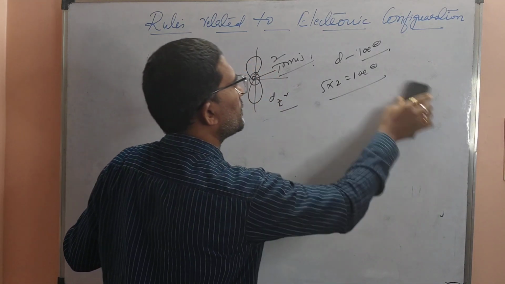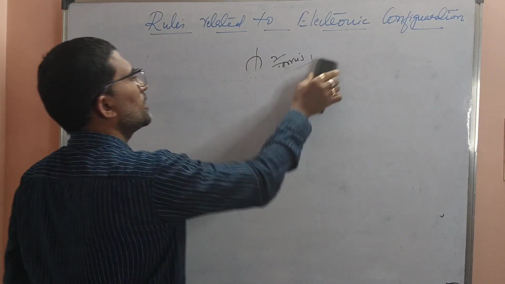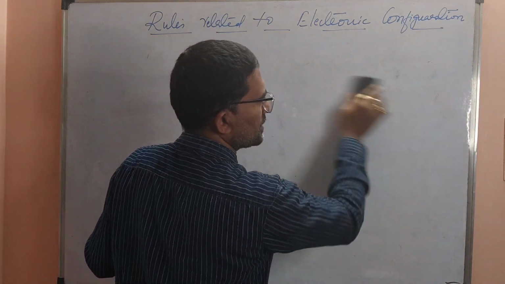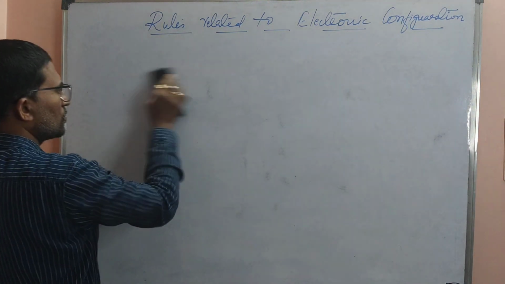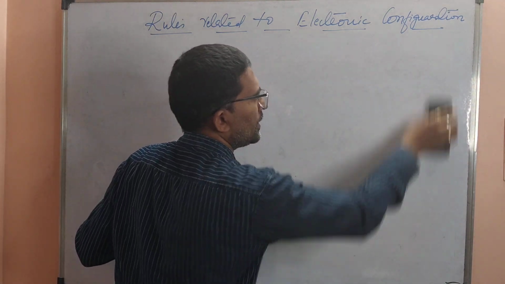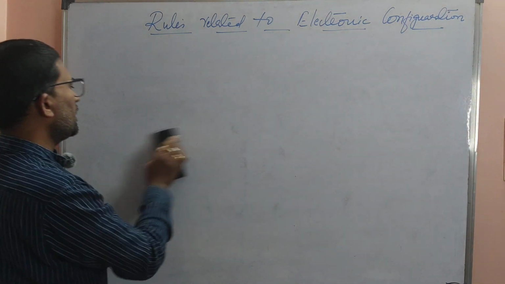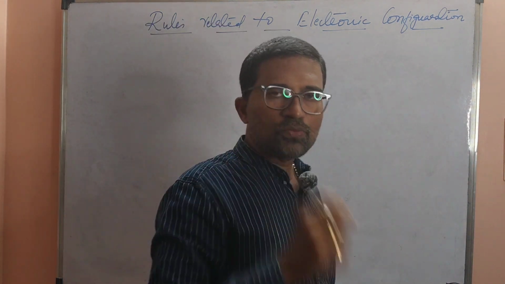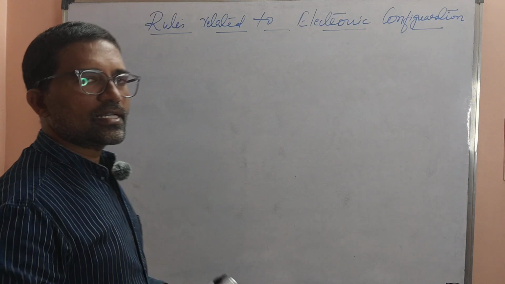There are no degenerate orbitals. Only one type of orbital is there in s. There are no suborbitals of s. I hope you understood the statement, and I explained clearly about degenerate orbitals related to p orbital and d orbital.